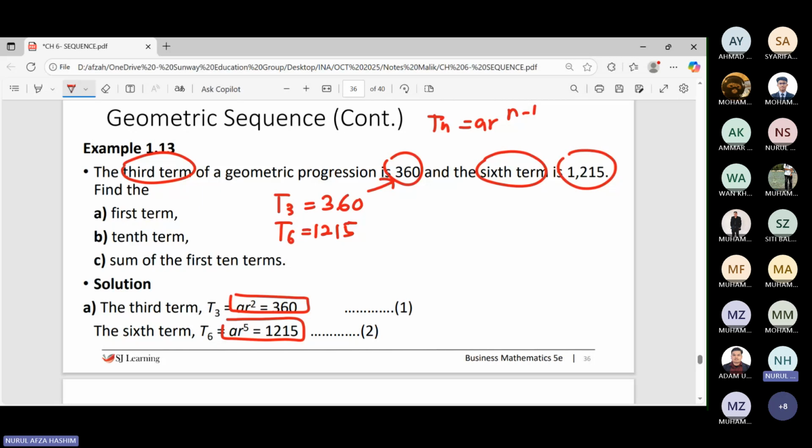If I want to use elimination, I want to eliminate my A. What should I do? Should I divide or should I minus the equation?